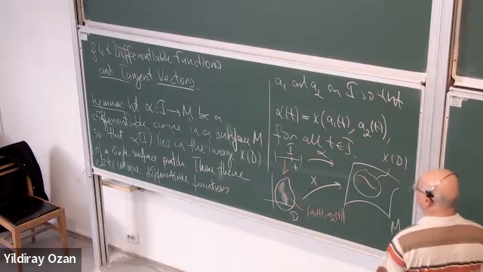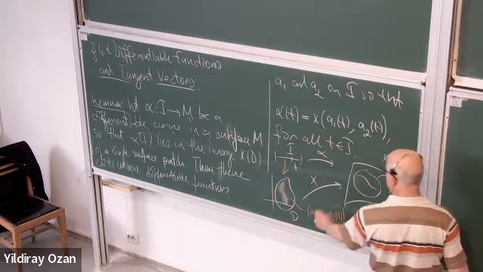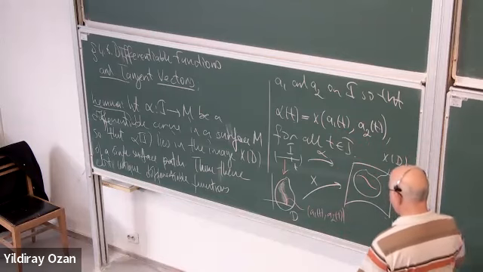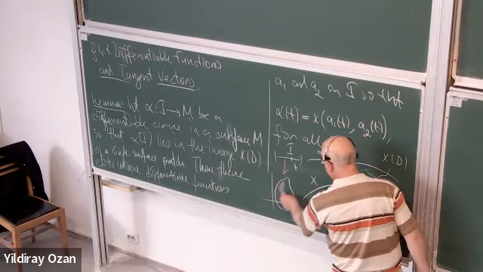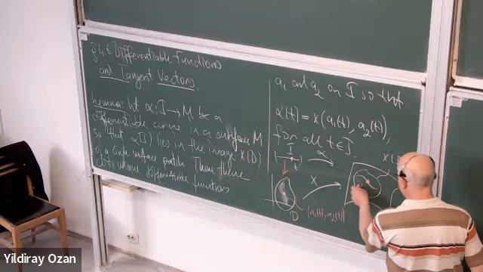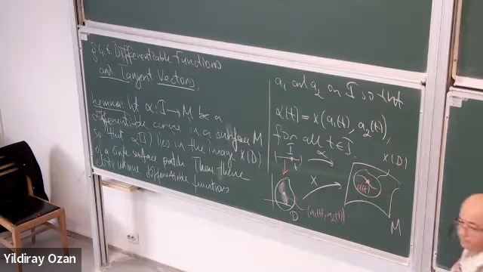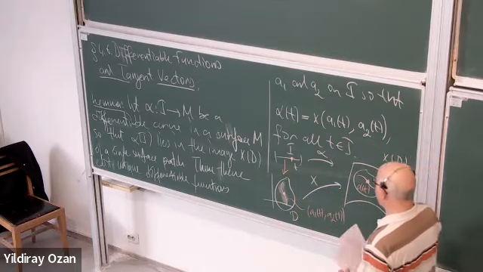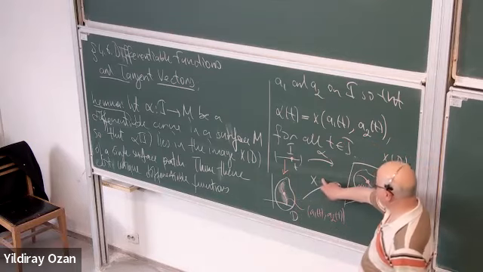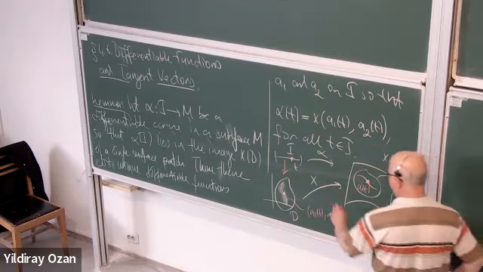So alpha of t is just x of a1(t), a2(t). Okay, a1(t), a2(t) is, let's say, this point. This is t, and this is alpha of t. Of course, this is not a surprise because this is a homeomorphism.